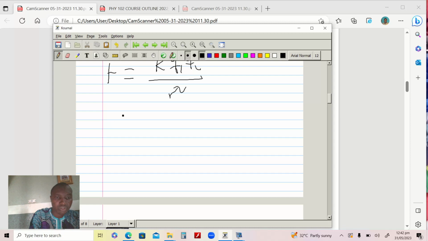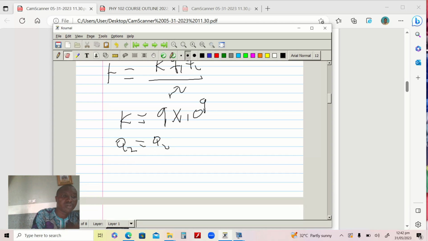So you have your K, which is equal to 9 times 10 to the power 9. Then your Q1 is equal to Q2, which is equal to 1.6 times 10 to the power minus 19 coulombs. Then we are given your R.